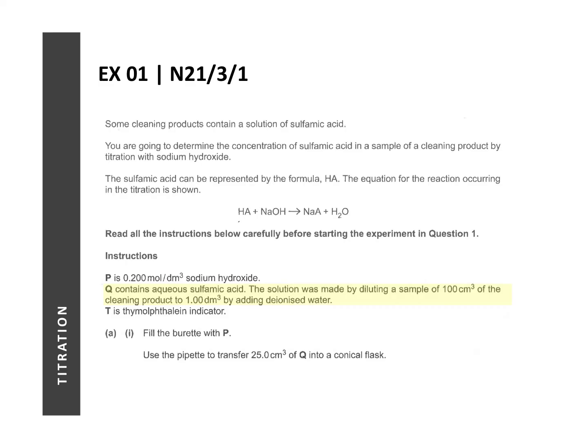Now we'll look at the first example, which is your 2021 practical paper. There was a titration between sulfamic acid and sodium hydroxide. So once again, the very important part of the story is found in how Q was actually prepared over here.